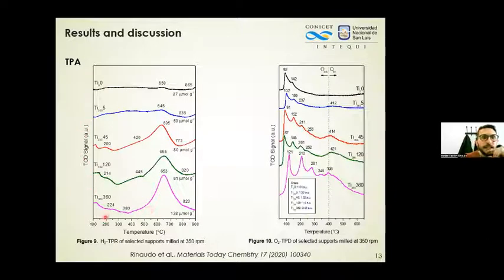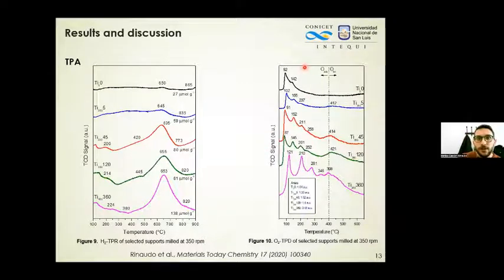And these signals at lower temperatures could be associated with surface titanium dioxide that could be reduced. And also the hydrogen uptakes were higher according to the milling time. So these effects and the microstructure with lower crystalline size could be more reducible. So the milling could give better properties to the titanium oxide.